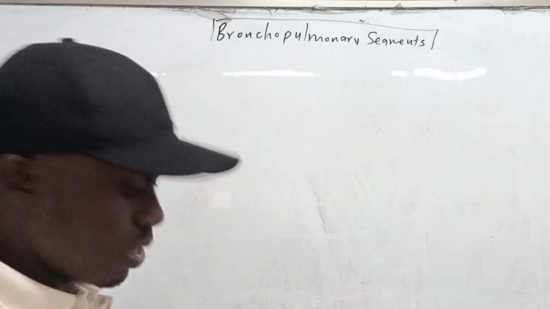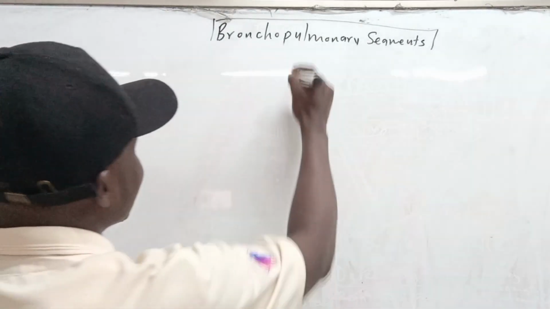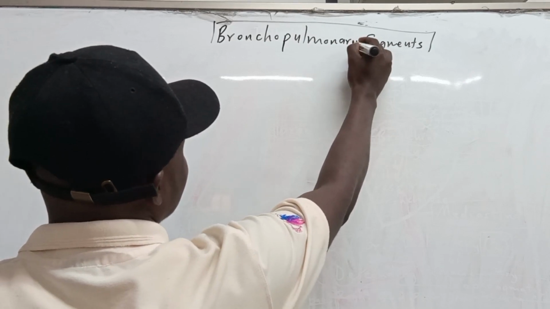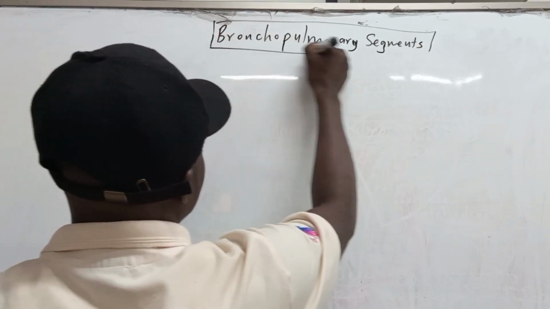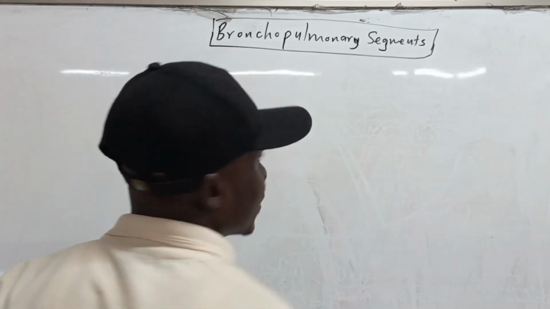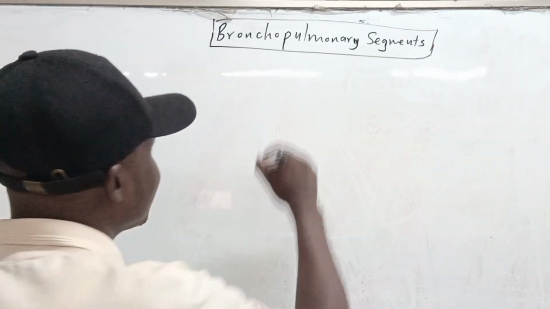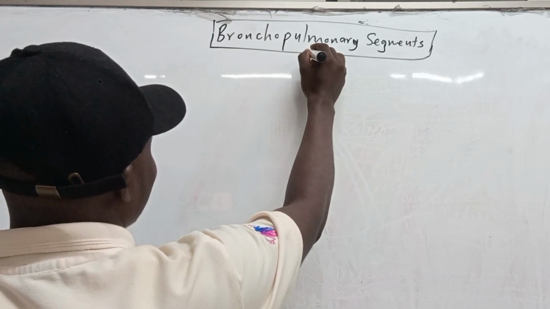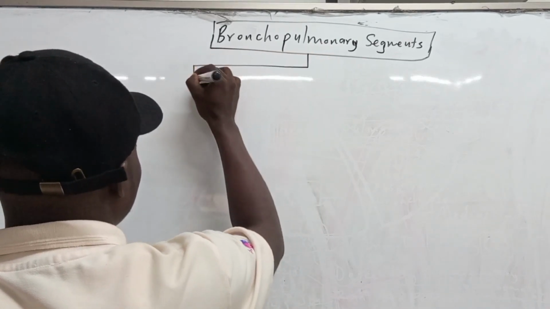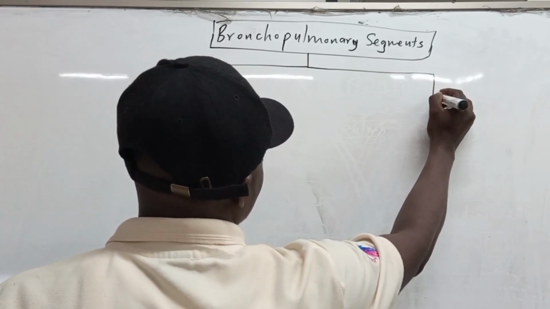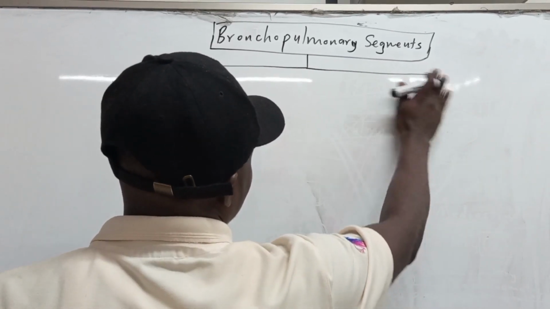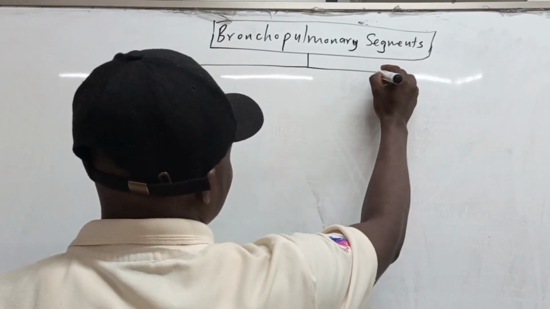So we are still on the bronchopulmonary segment. We have that of the right lung and that of the left. Let me make it this way.